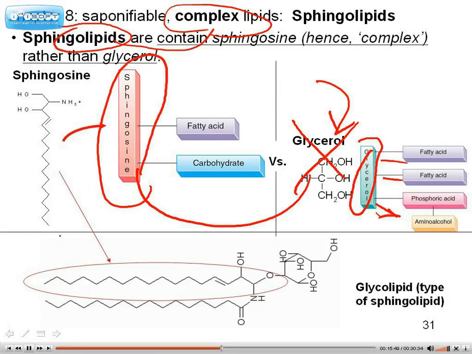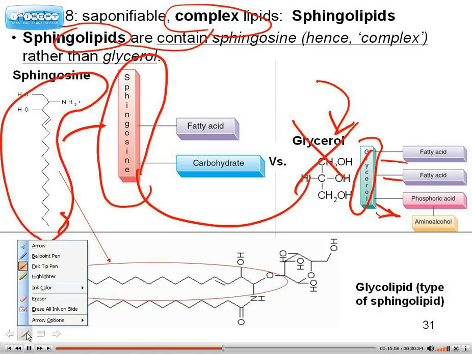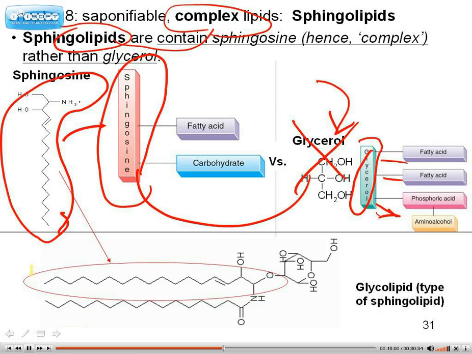And this very ugly looking molecule right here is called a sphingosine. Let me highlight it in this example right here.